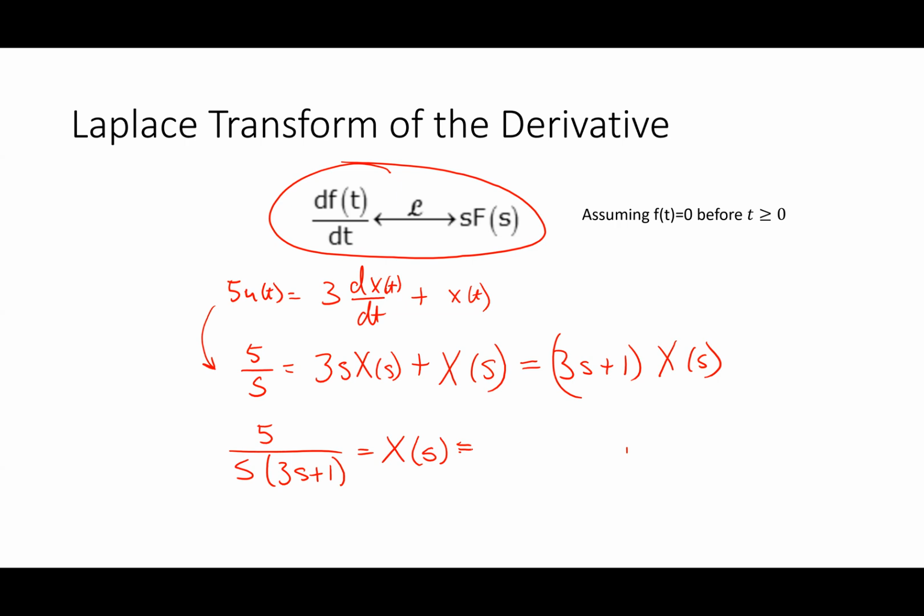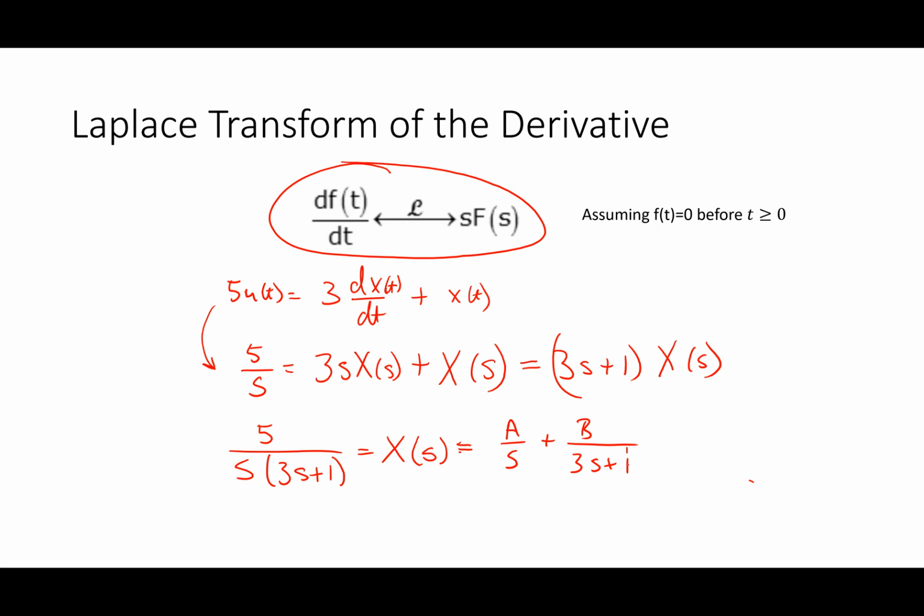Is it where you have A over s plus B over 3s plus 1? Yep, that's totally it: A over s plus B over 3s plus 1. And you would go through to determine what A and B are, and there's a whole process for doing that.